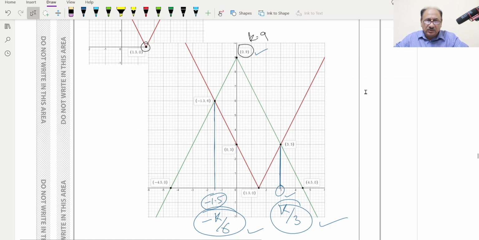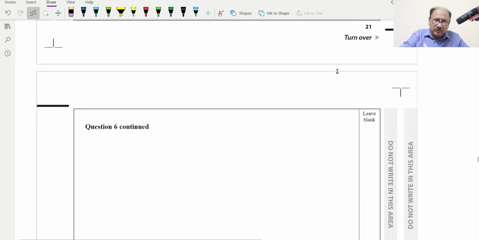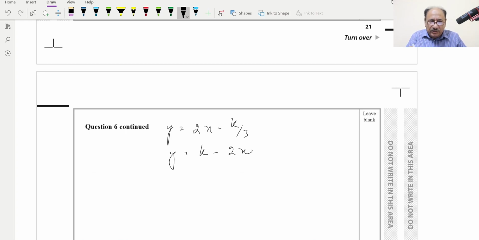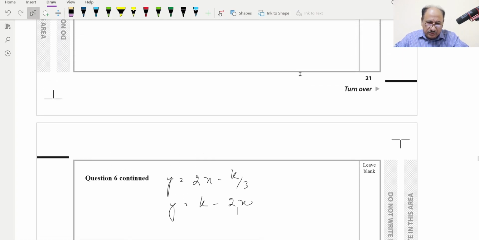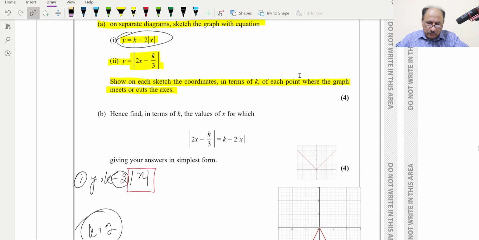We can show this also by solving the equation. We write y is equal to 2x minus k over 3, and the second equation is y is equal to k minus 2x. And simultaneously we can solve these equations also.